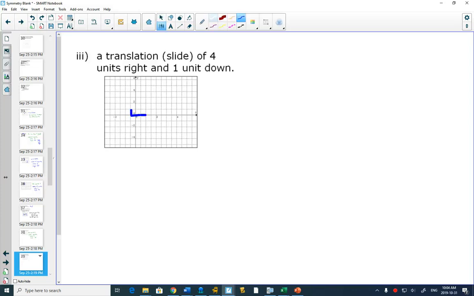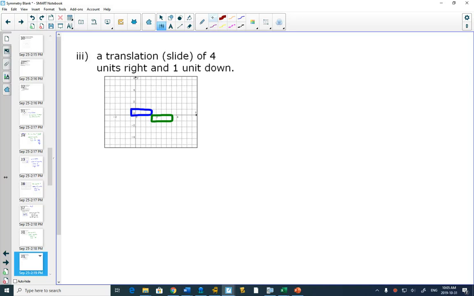If you took the original shape and you slide it, or translate it, 4 units to the right, 1, 2, 3, 4, and 1 unit down. As a result, you might think there's line symmetry, like reflecting over a diagonal line.